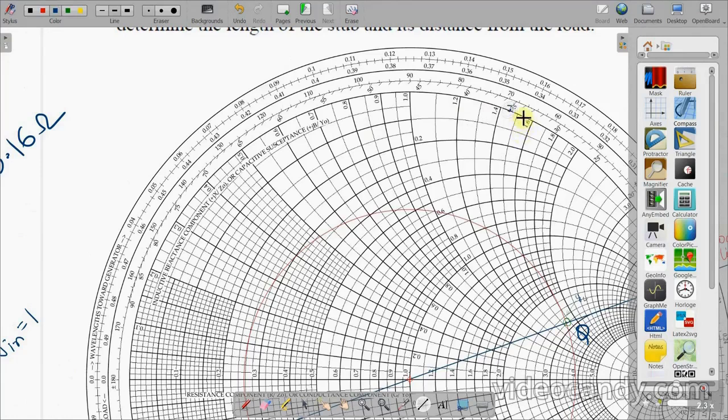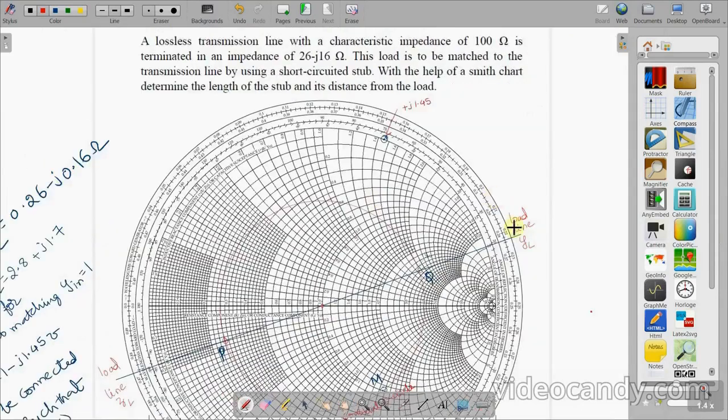You can see I have marked plus j1.45, and that is the input susceptance measured for the short circuited stub from the YSC point.